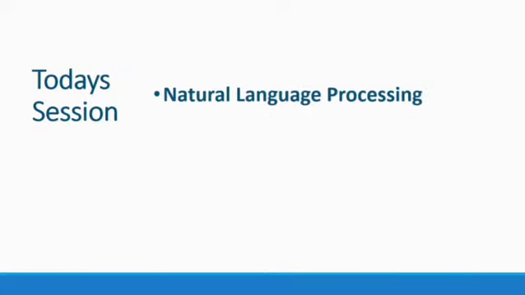So in today's session, let us see what all topics we are going to cover. We will again focus on natural language processing. We will see this domain individually. Under this, we will discuss what is natural language processing, why we need natural language processing, and how it is used to give a machine the ability to respond to speech or text, or to interpret any speech or text.